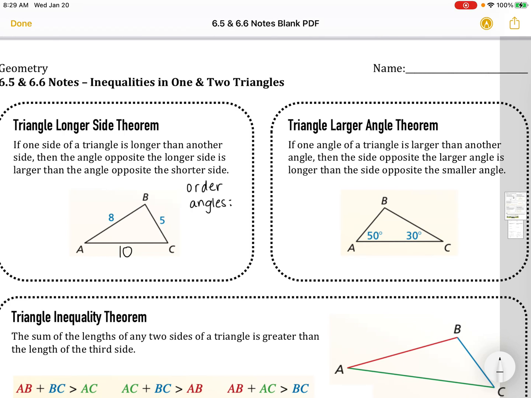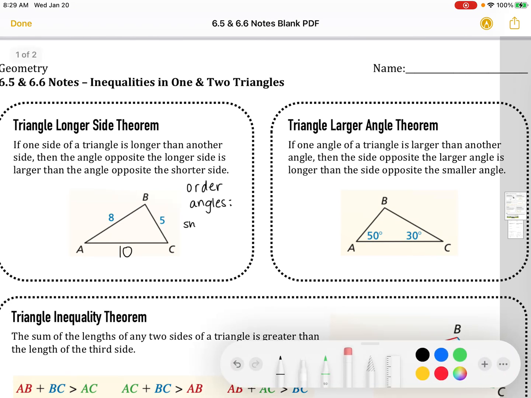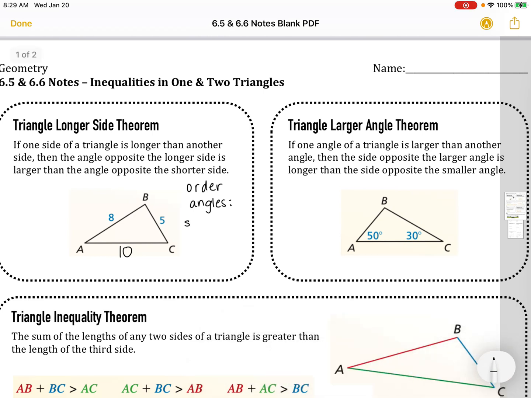And I'm going to order them from... we don't call angles short, really. We call them small, medium, or large, or small, middle, and large. So what we're going to do is write out who's the smallest angle, who's the medium-size angle, and who's the largest angle.